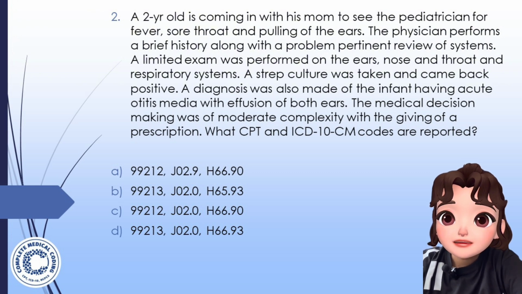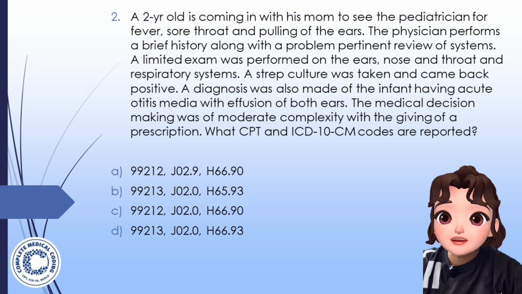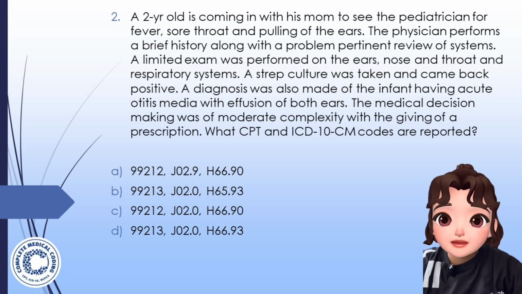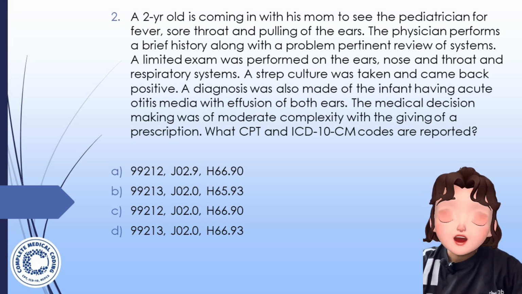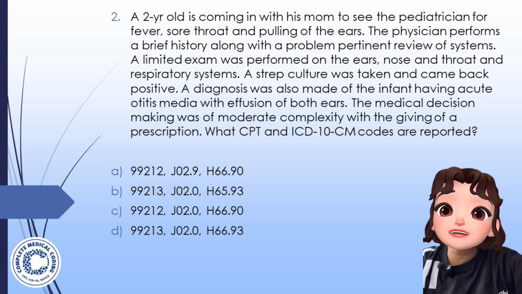So let's check the diagnoses in options B to D for otitis media. What is H65.93? Only two diagnoses are mentioned. It will be either H65.93 or H66.90. No, three diagnoses are there. H66.93. Okay, let's look into them one by one. What is H65.93?